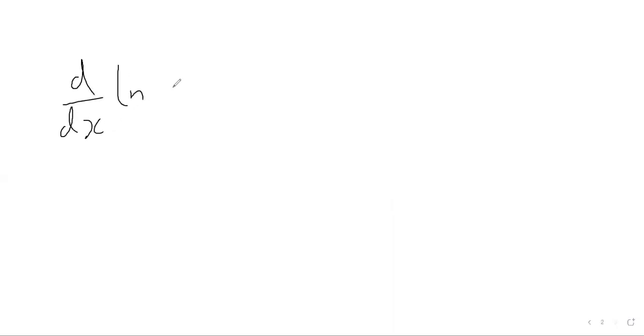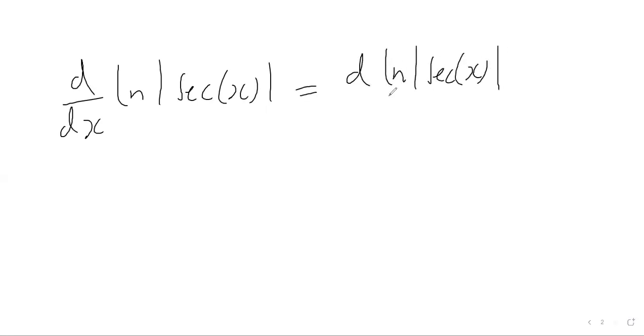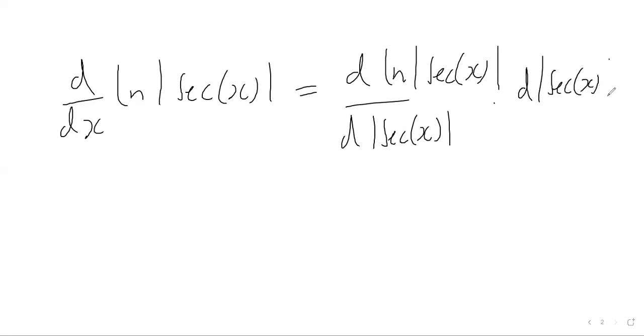Differentiating the ln of the modulus of sec x, this is just the derivative of ln with respect to the modulus of sec x, multiplied by the derivative of the modulus of sec x with respect to x.